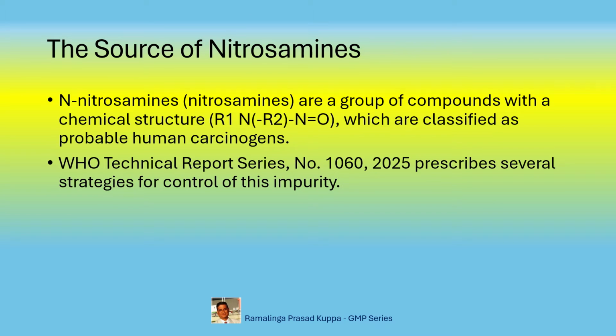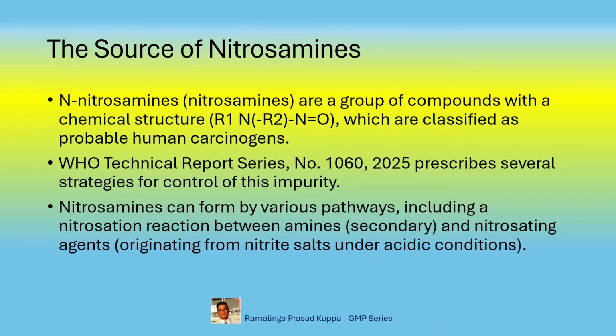WHO Technical Report Series number 1060 of 2025 prescribes several strategies for control of this impurity. This guide gives a comprehensive insight into the requirements. Let us understand in brief what this guideline prescribes.